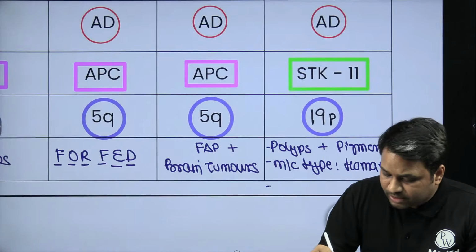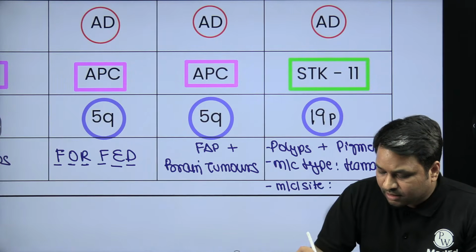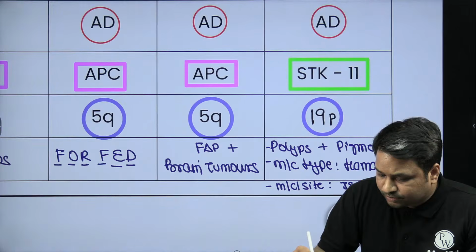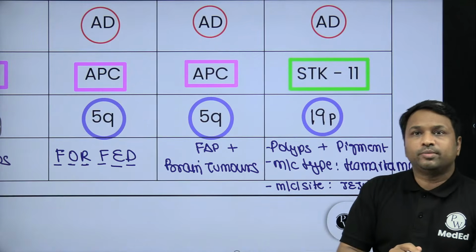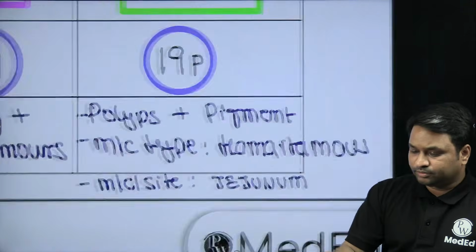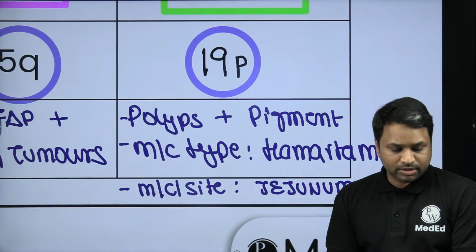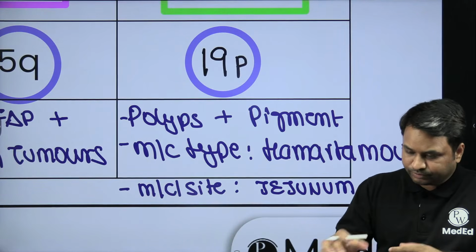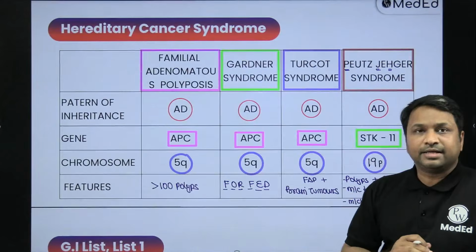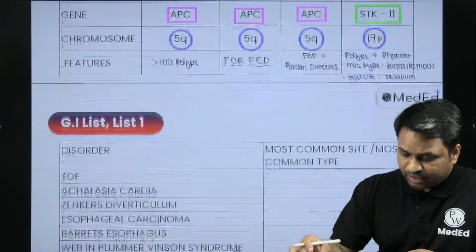And the most common site is going to be the jejunum. So this is your hereditary cancer syndromes and their important data.